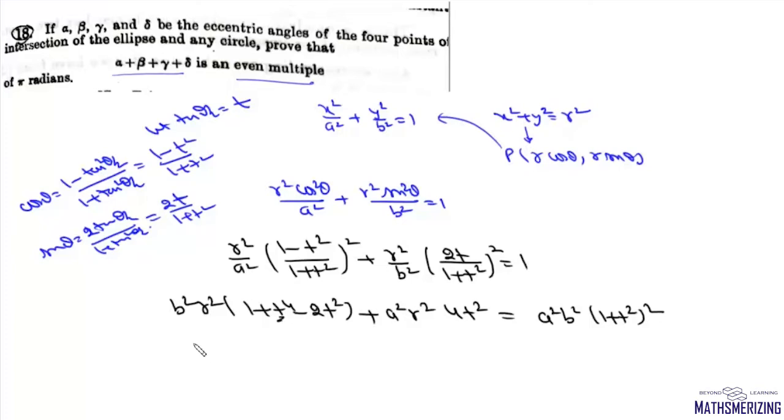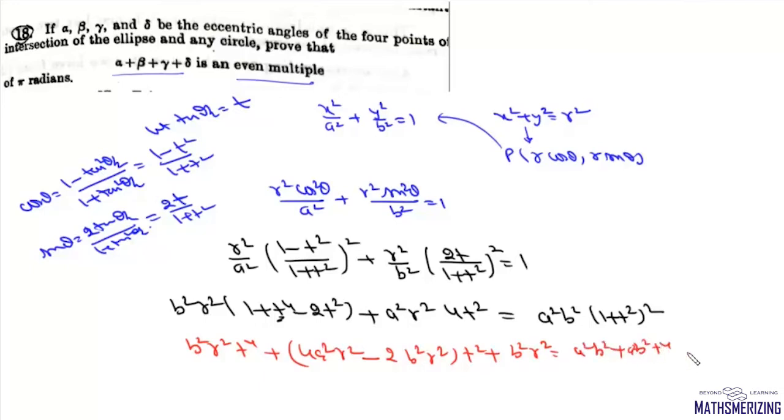So we'll write this equation as b square r square t to the power 4 plus (4a square r square minus 2 b square r square) t square plus b square r square, and it will be a square b square plus a square b square t to the power 4 plus 2 a square b square t square.